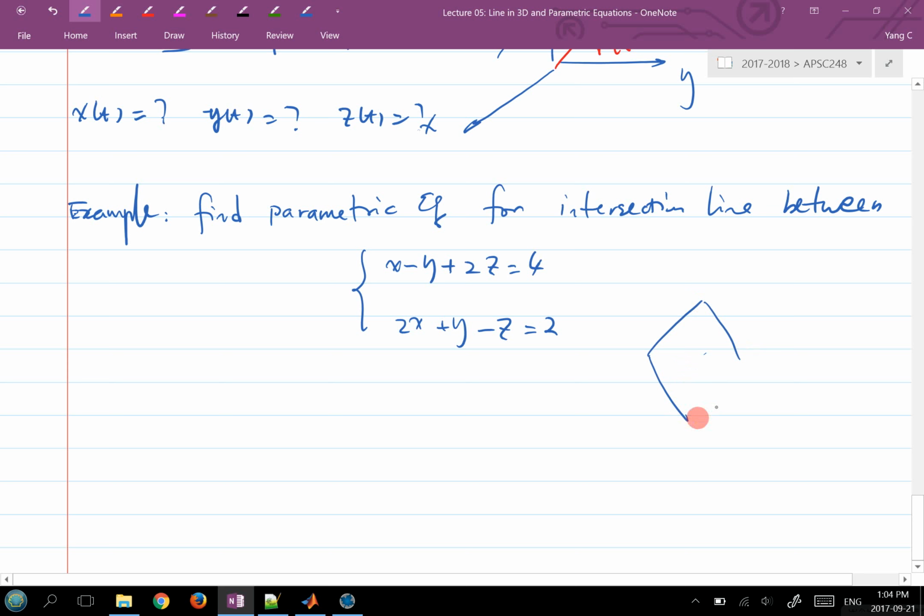You can always draw something here. That's the intersection between the two planes. What will be the typical approach you can use to solve for a straight line?